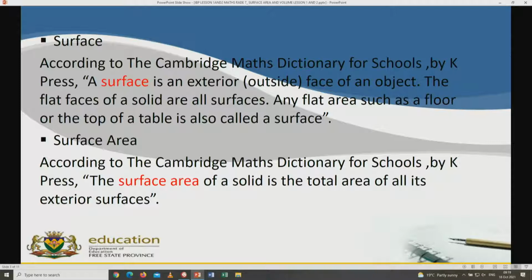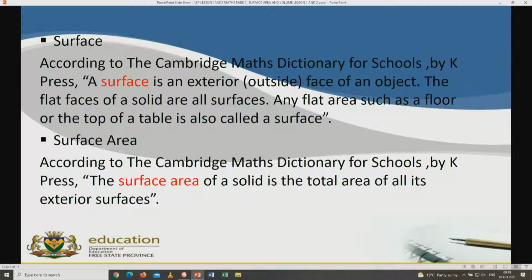Any flat area such as the floor of your classroom, the ceiling, the walls, or top of a table is also called a surface. What is a surface area according to this Maths Dictionary? It says the surface area of a solid is the total area of all its exterior surfaces. Let us recap.